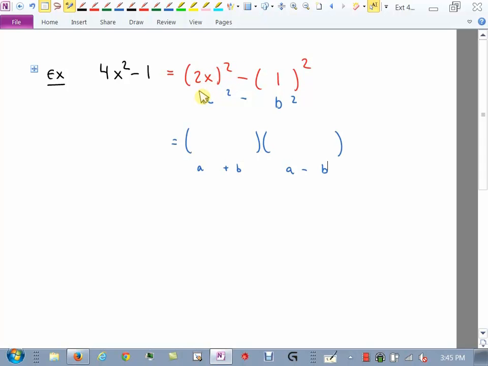So it'll just be the 2x, plus whatever is in here, 1. So it's exactly what I'm highlighting. That's your A and that's your B. So it's A plus B, and then 2x minus 1, A minus B. Box it up. You're done.